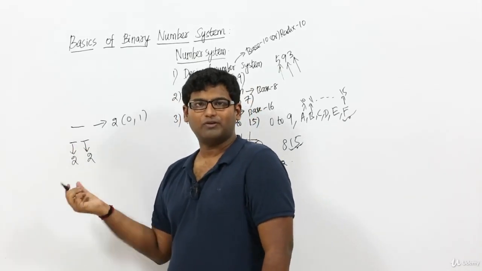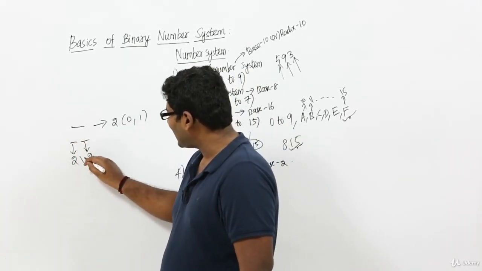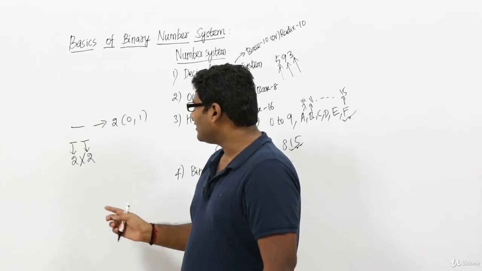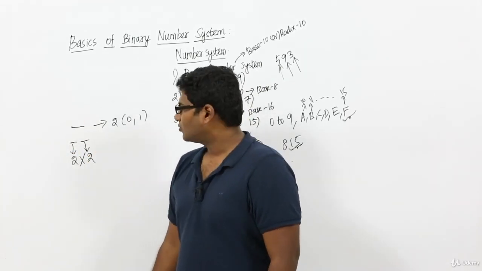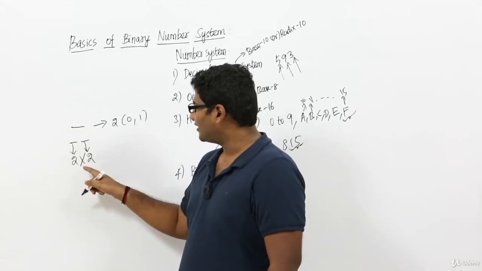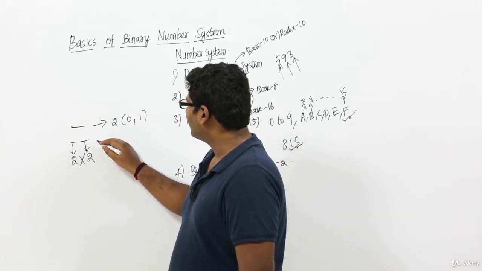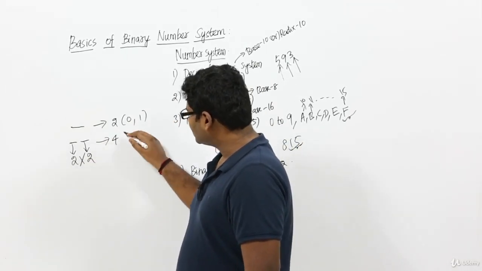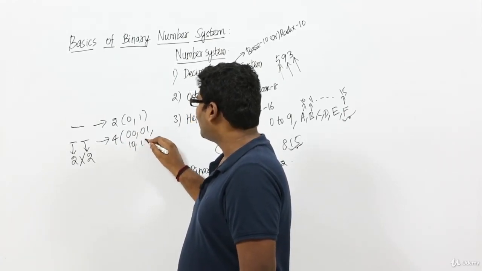It is not that only one of the bits has to be filled, both have to be filled, and so I'm using AND. Okay, I need to fill this bit, and I need to fill this bit as well. So in combinatorics, whenever we come across the word AND, we use multiplication. So here, 2 into 2 is nothing but 4. Okay, and the 4 numbers are 00, 01, 10, 11.